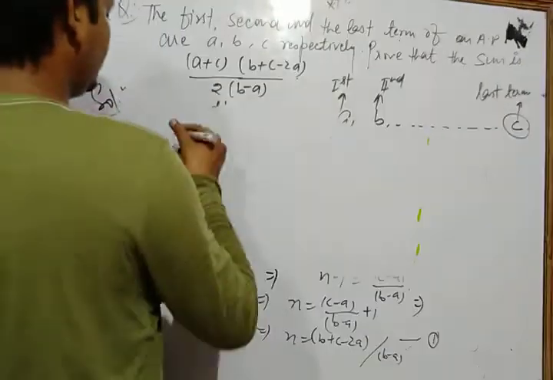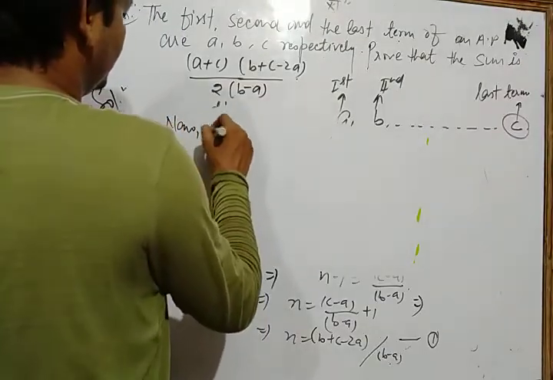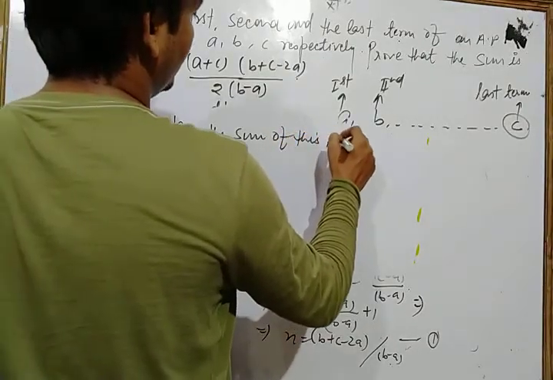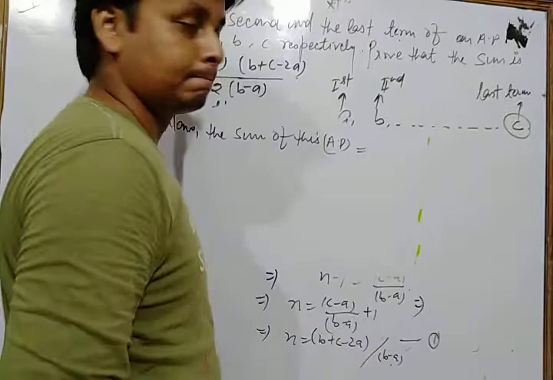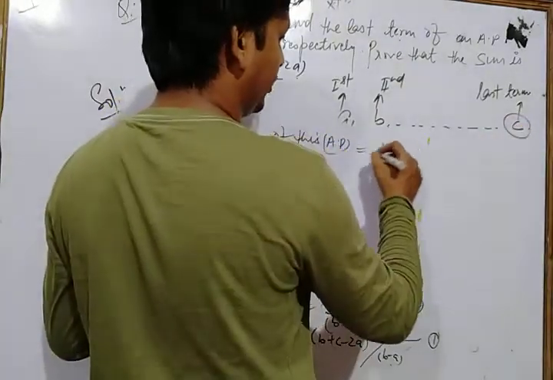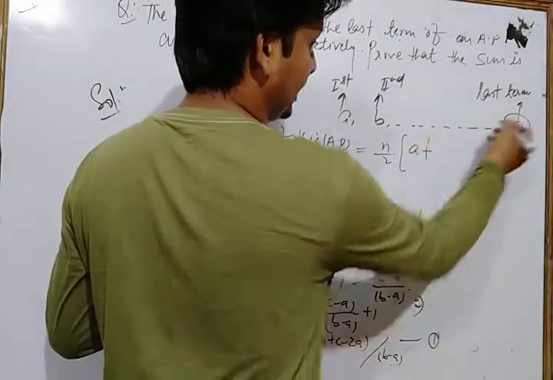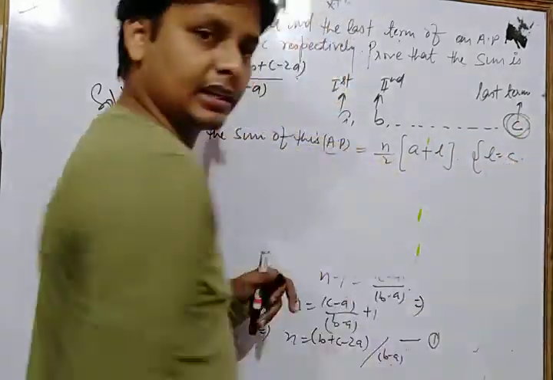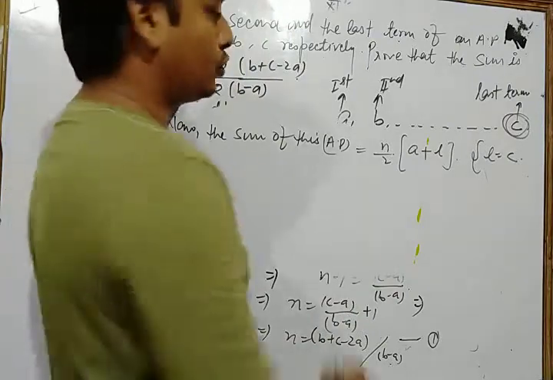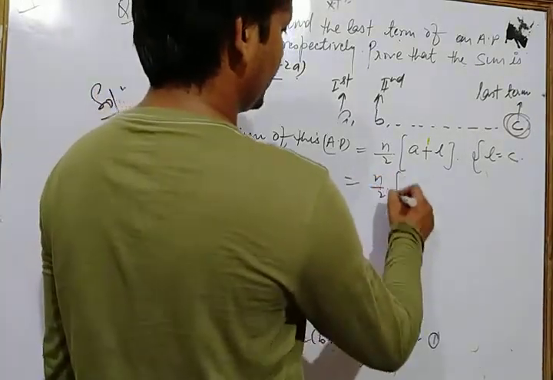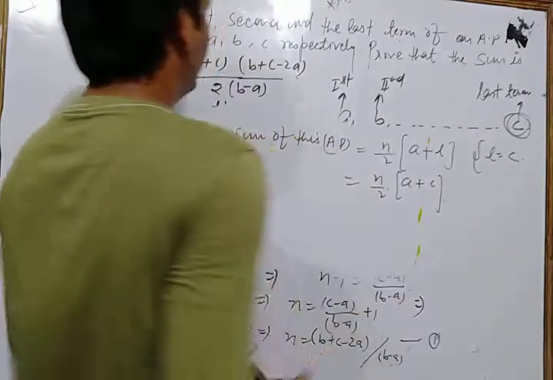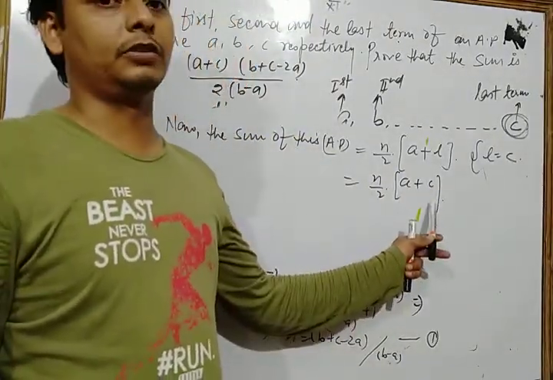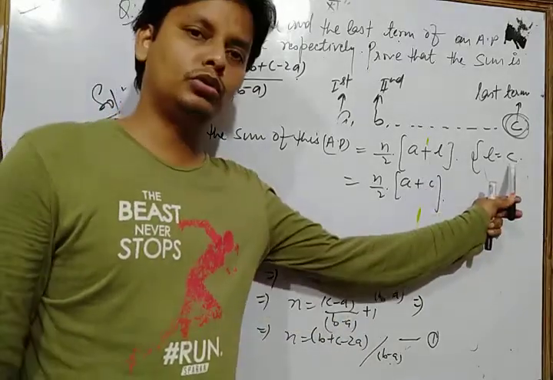The sum of this AP is equal to n by 2 into bracket a plus l, and here the last term is c. So we write n by 2 into bracket a plus c, because a is the first term and c is the last term. So we put l is equal to c.